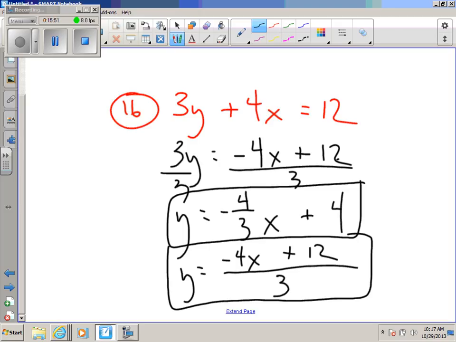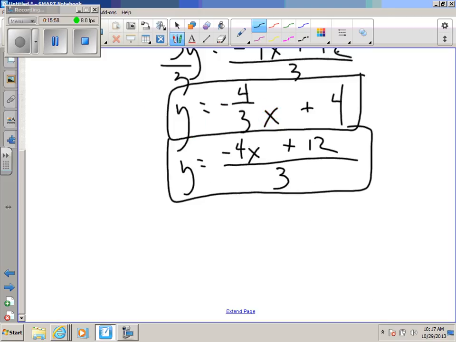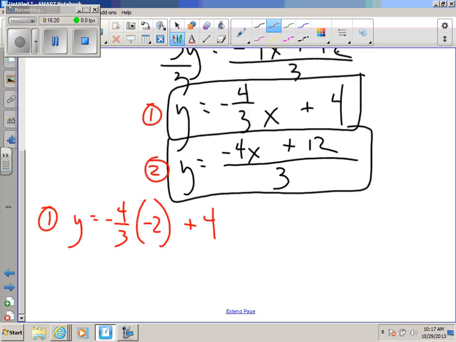Okay? So let's take this first one, we'll call it option 1. Option 1, option 2. So let's take that first value, which is -2, right? The first value we're going to use. So let's use option 1, and we'll say -4/3 times -2 plus 4. Okay? That's how we'll set up that first one.